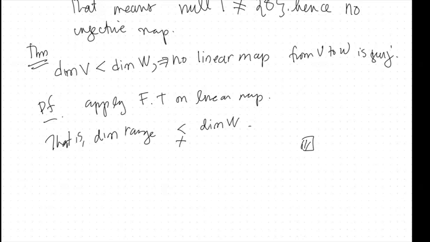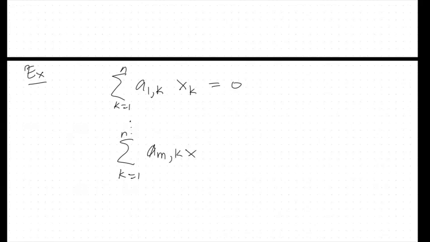As an easy example of that, recall that if you have a system of linear equations, for example a homogeneous system: the sum over k from 1 to n of a_1k x_k equals 0, then another sum over k from 1 to n of a_mk x_k equals 0.